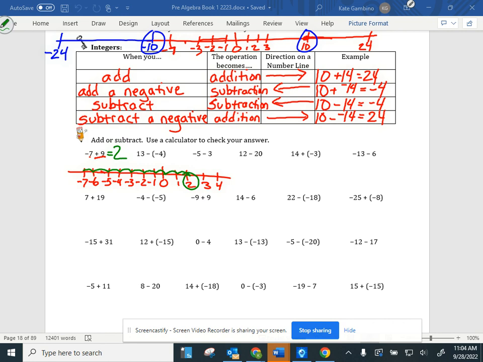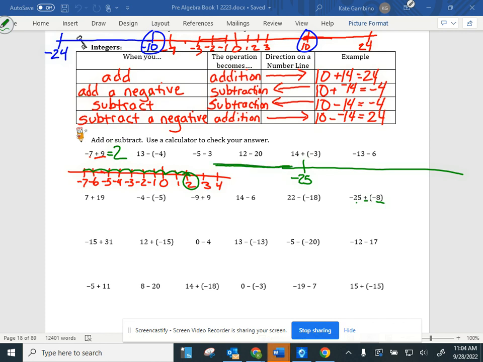Do we always have to start at 0 on our number line? No. If you're using a big number like negative 25, I would start with negative 25. I know I'm adding a negative 8. So if I'm adding a negative, I'm going to go to the left.